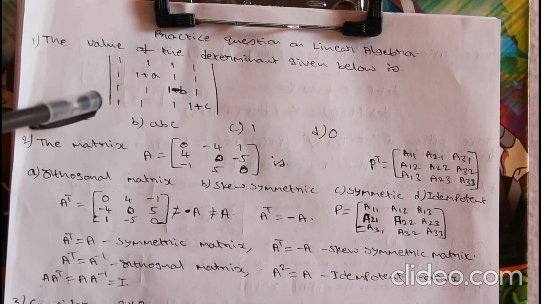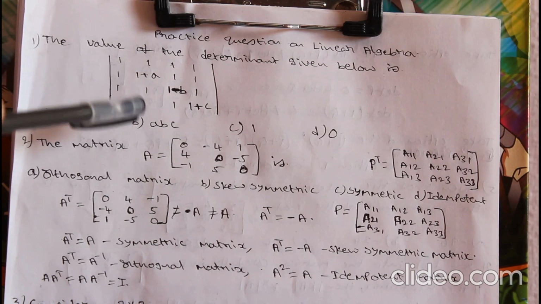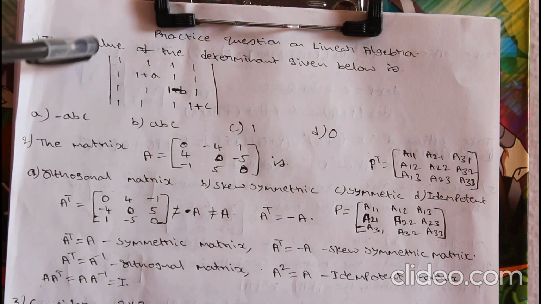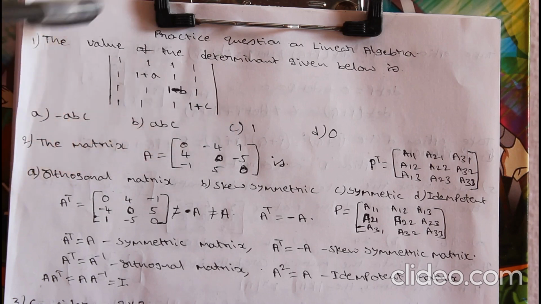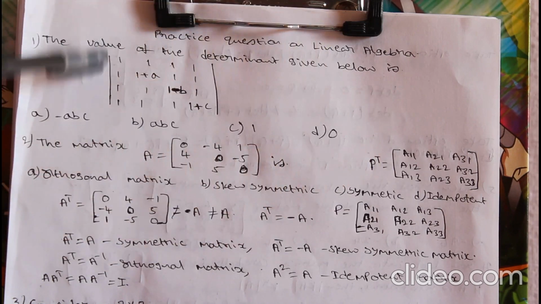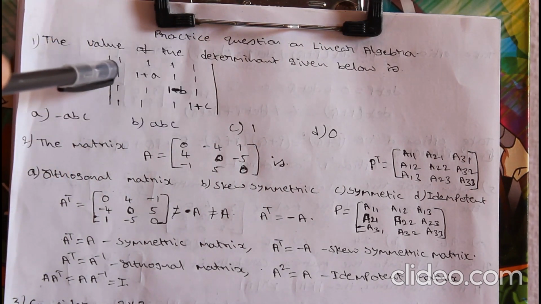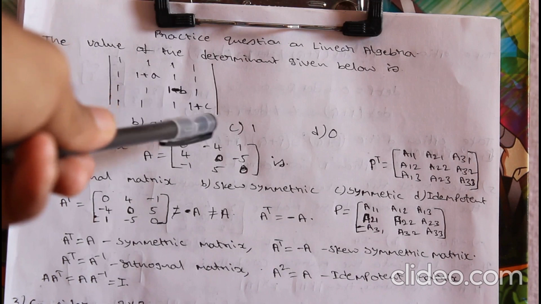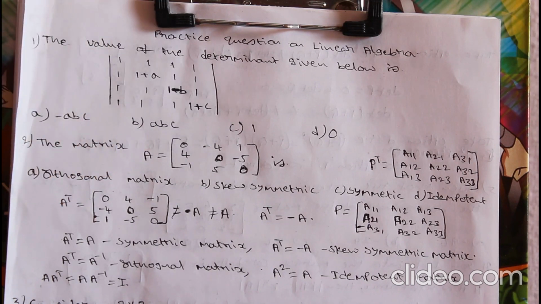I have done R4, R3, R2 operations and subtracted these from R1. I directly got the upper triangular matrix, so no need to put pen on paper. Subtracting these elements, we get diagonal elements 1, A minus B, C. So directly 1 into A into minus B, C, that is minus A, B, C, the answer.